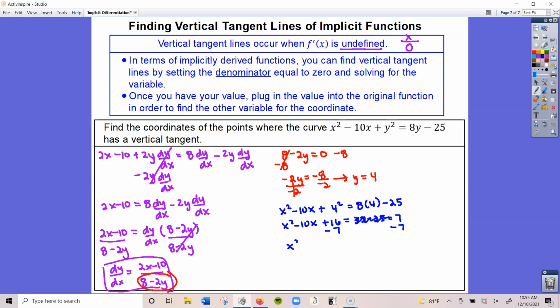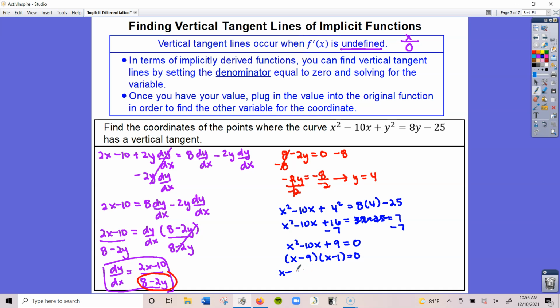And I get x squared minus 10x plus 9 is equal to 0. Now we factor. x squared minus 10x plus 9 is (x minus 9)(x minus 1), since negative 9 times negative 1 is positive 9, and negative 9 plus negative 1 gives you negative 10.